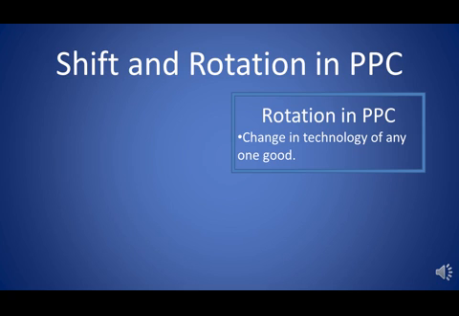Next we will see rotation in PPC curve. Rotation in PPC curve can be because of just one reason, change in technology of any one good. So either there is change in technology of good X or change in technology of good Y, and this results in rotation of PPC.